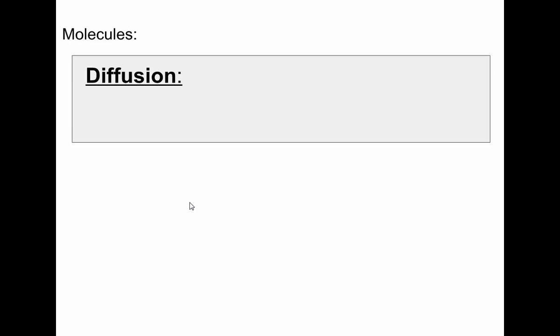So as we talk about diffusion, we talk about molecules moving from place to place. And when we talk about a molecule, we're talking about basically the building blocks of matter. All matter is made of small little pieces that we call molecules.